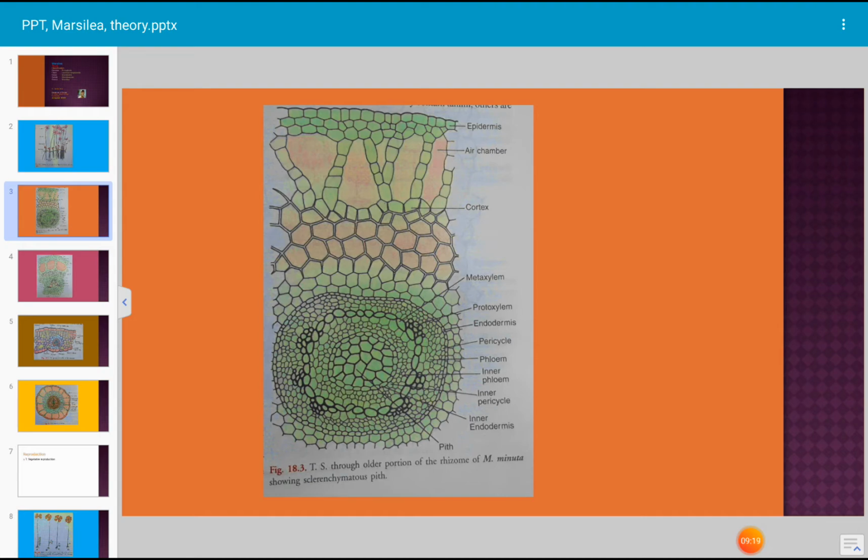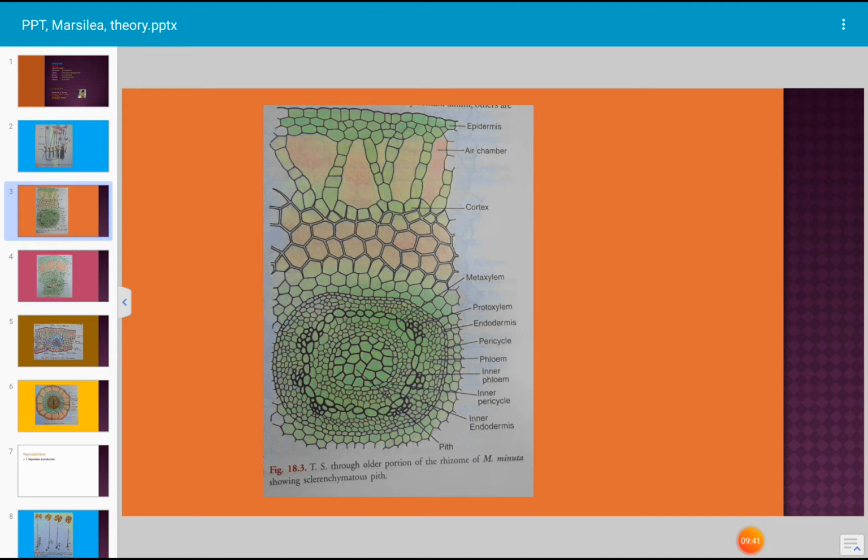Endodermis is single-layered. Just beneath the outer endodermis, there is a single-layered pericycle. In the center, there is a pith, and in submerged species, the rhizome usually has parenchymatous pith, whereas plants growing in mud have a more or less sclerenchymatous pith.